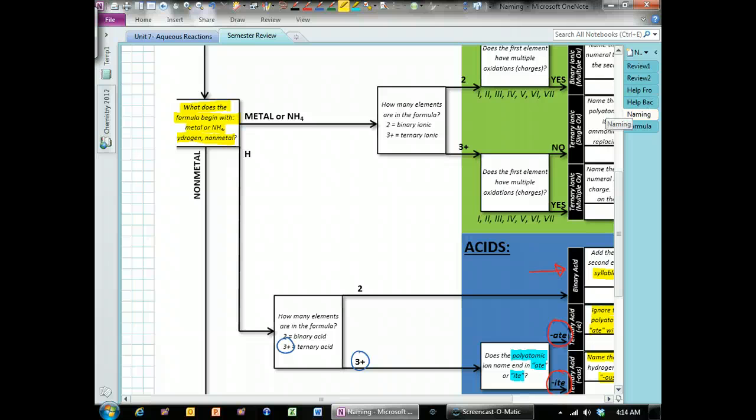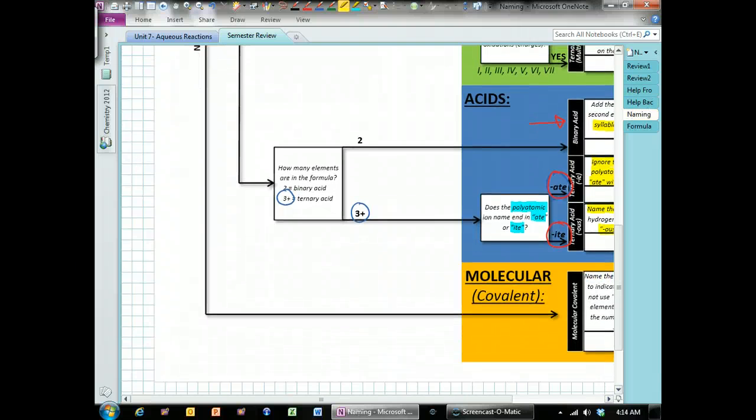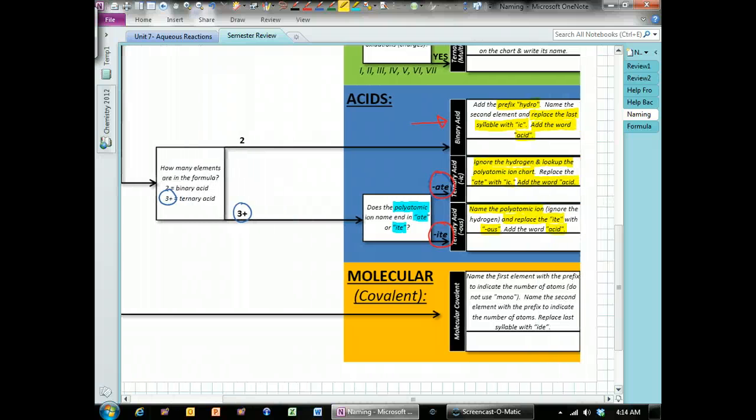And that brings us down to the bottom for naming molecular compounds. It says name the first element with its prefix to indicate the number of atoms. Well, there's only one nitrogen, so you'd use the prefix mono. But there's a little note here that says you don't use mono for the first element.